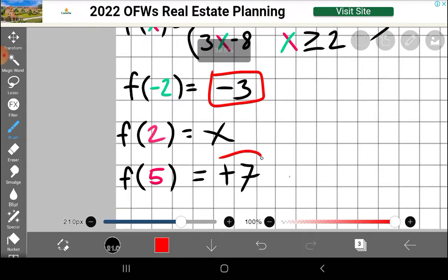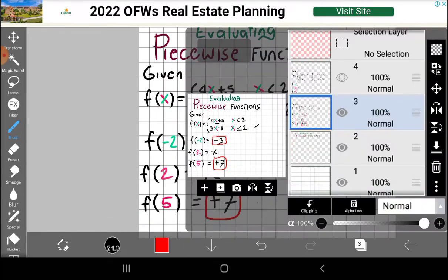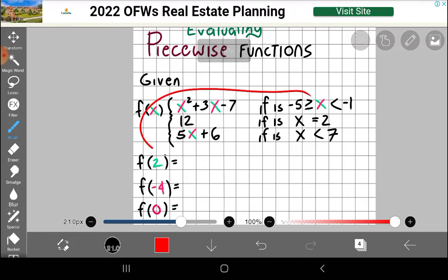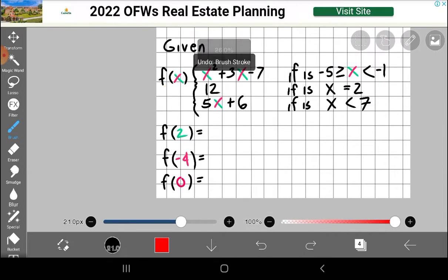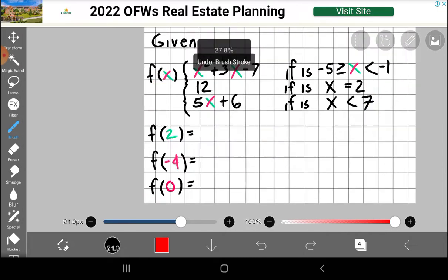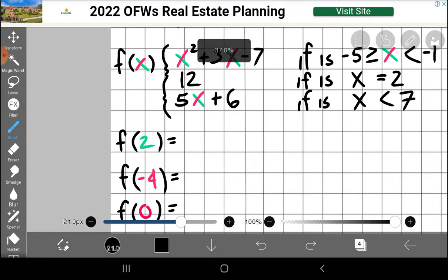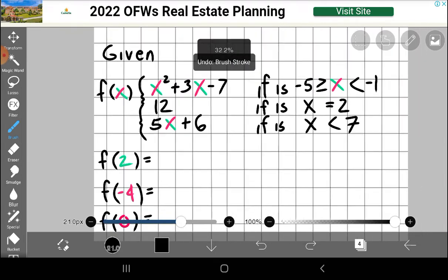Now let's try a more given. How about this one? So this is the given, and here's the question. Now we need to locate them. What are those answers? So first here, let's see here.